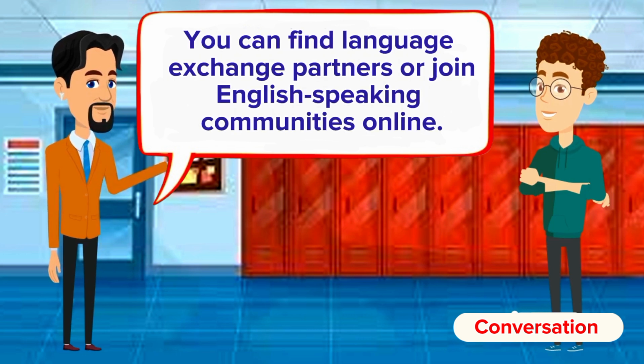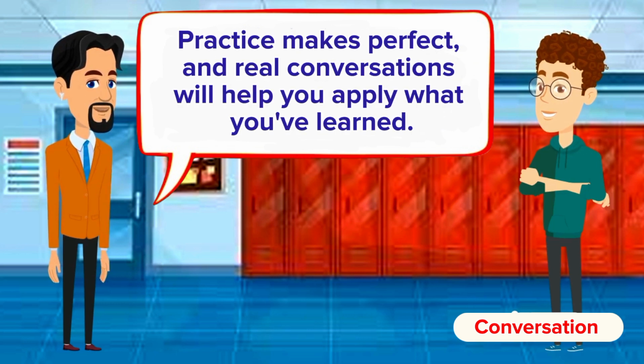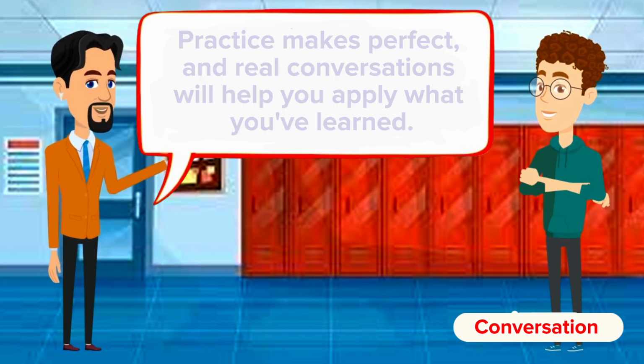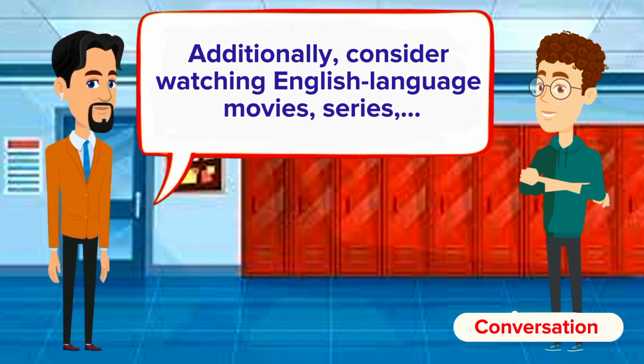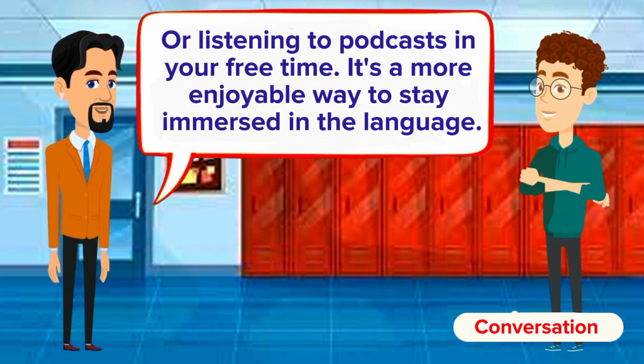You can find language exchange partners or join English-speaking communities online. Practice makes perfect, and real conversations will help you apply what you've learned. Additionally, consider watching English language movies, series, or listening to podcasts in your free time. It's a more enjoyable way to stay immersed in the language.